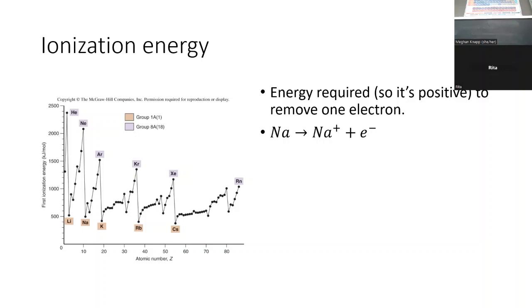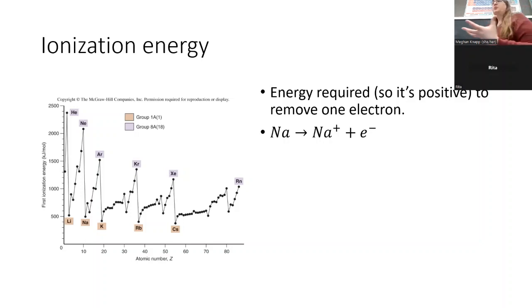We know that sodium and all of the elements in the alkali metals, that group 1, really easily form a +1 charge. So you would expect that ionization energy to be very low, right? It should be very easy. And because we have to put energy in, it's required, it's going to be a positive energy. So anytime energy is positive, that means we have to put that energy in.